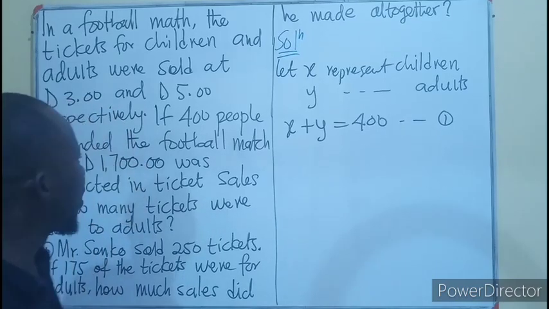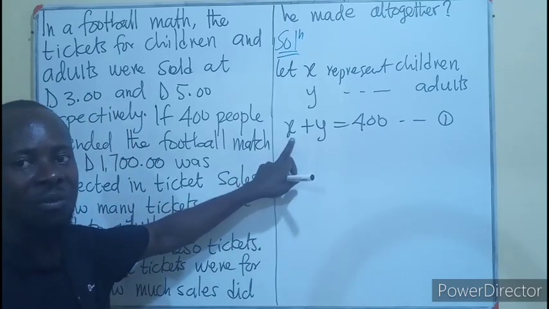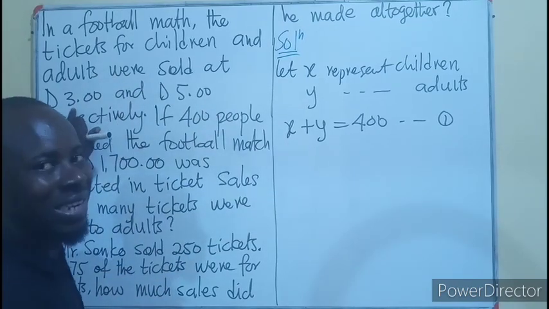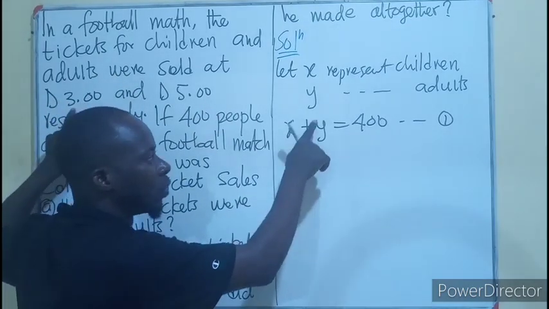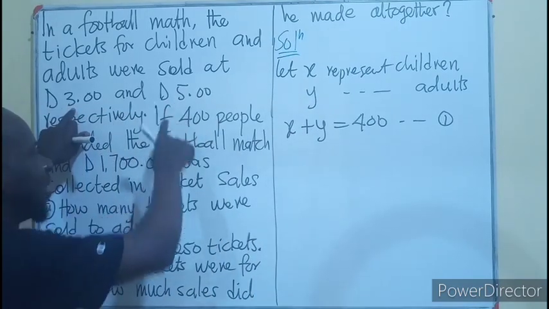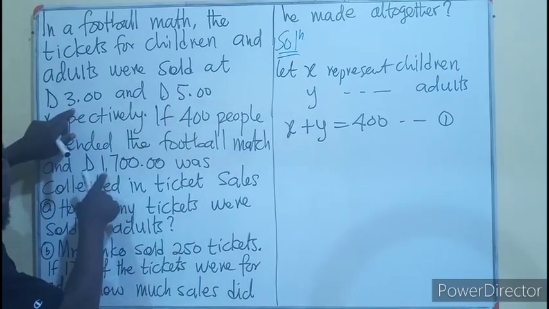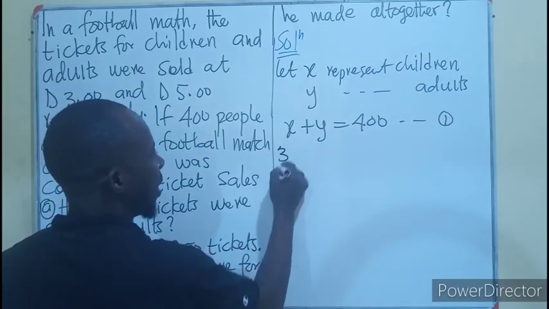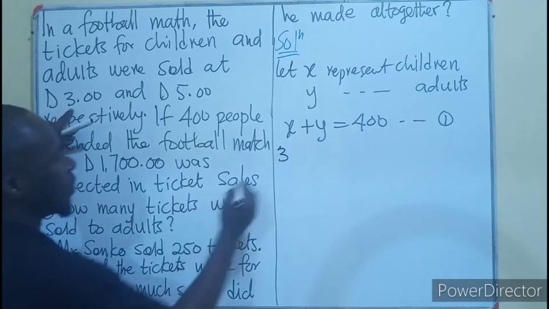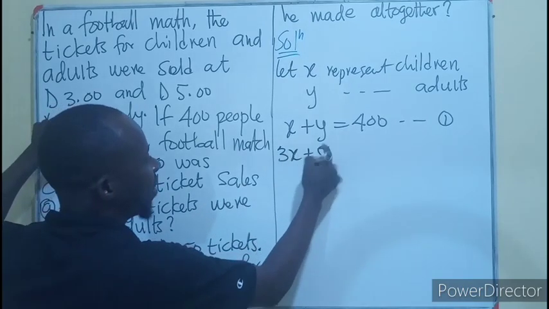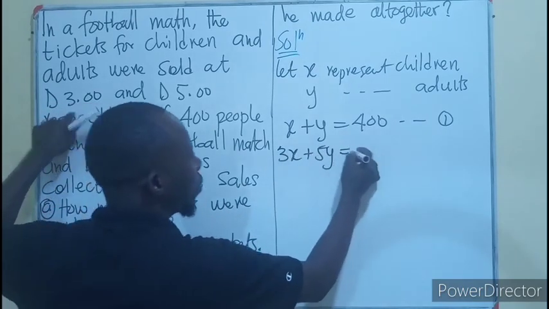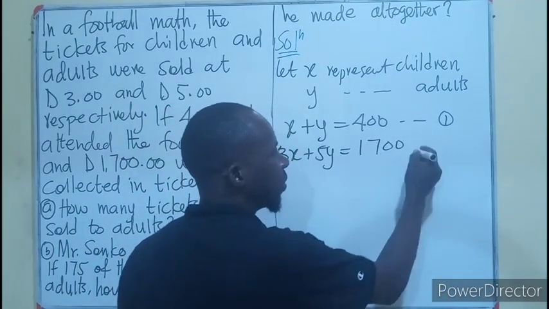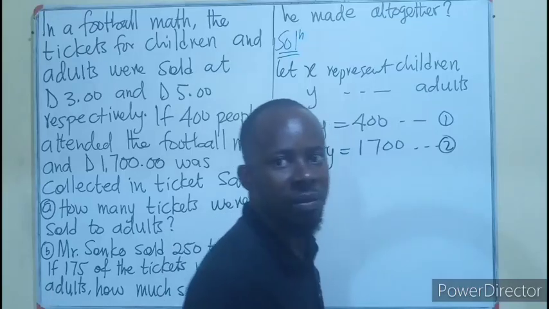Good. So now for the total, if there are 5 of them, it means 5 times 3 Ghana cedis. If there are 2 of them, 2 times 5 Ghana cedis. This should give us 1,700. So 3 Ghana cedis times the children plus 5 Ghana cedis times the adults should give us an amount of 1,700.